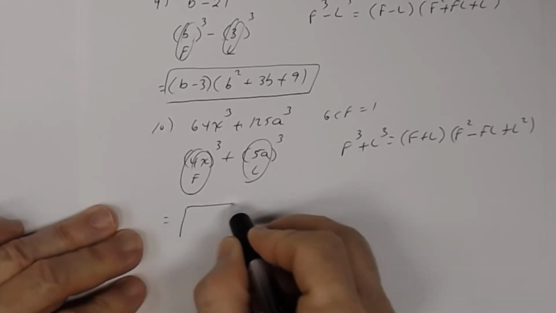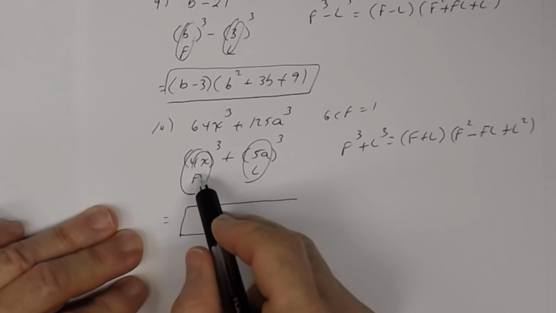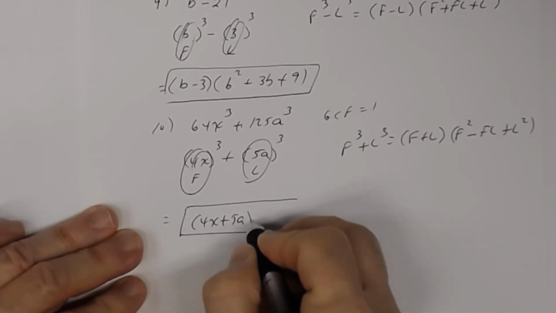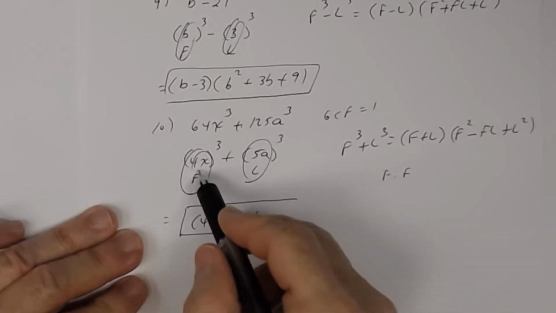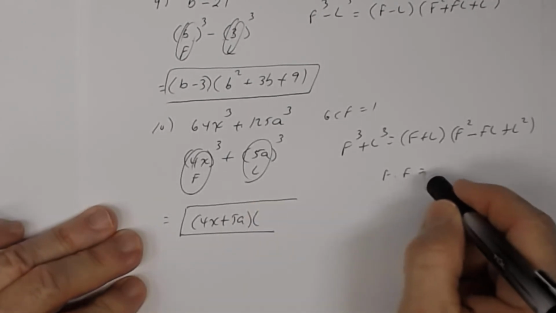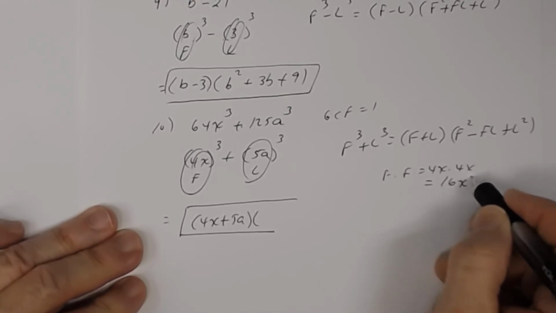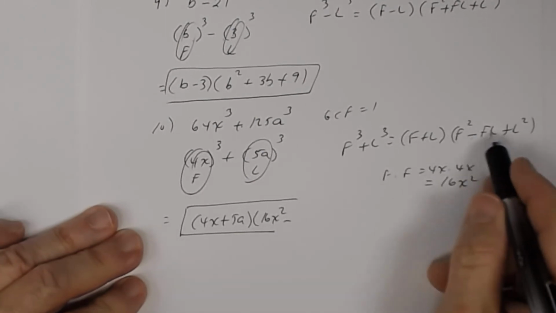So the answer is going to be the binomial F plus L, so that's 4x plus 5a. And then times, and then remember the F squared means F times F. So F here is 4x, so that means 4x times 4x, which is 16x squared. So that goes here. Minus F times L.